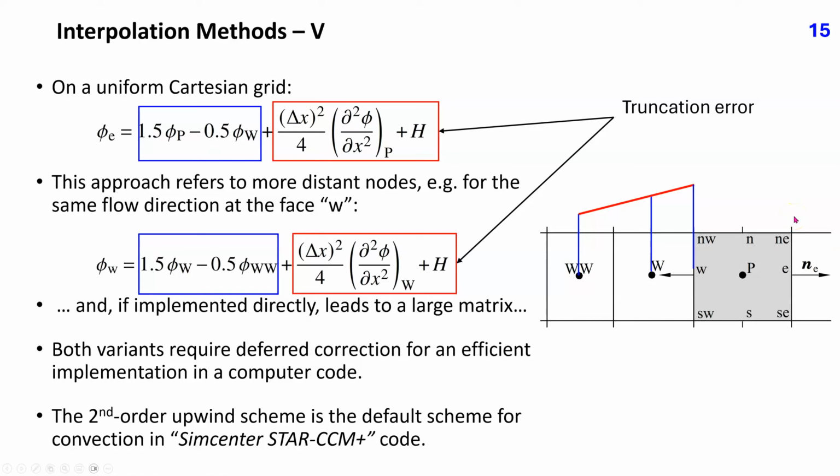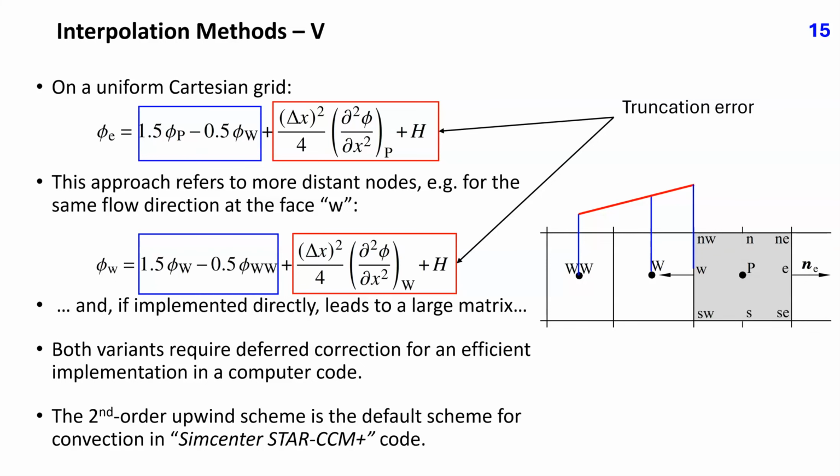If implemented directly, it leads to a larger computational molecule requiring more memory, a different linear equation solver, and more computing time per iteration. The scheme is therefore usually implemented using deferred correction approach to keep the computational molecule limited to nearest neighbors around P. The second order upwind scheme described at the beginning of the previous slide is the default scheme for convection in SimCenter StarCCM Plus code.